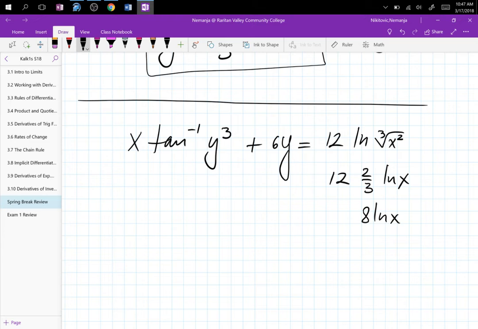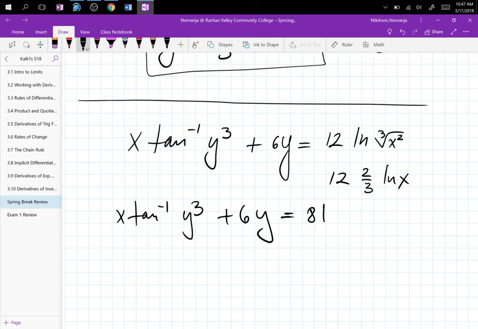All right, so let's go and do this. So what is my problem now? It's x tangent inverse of y cubed plus 6y equals 8 ln x. So this is the actual problem. We are going to take the derivative d dx. Great.